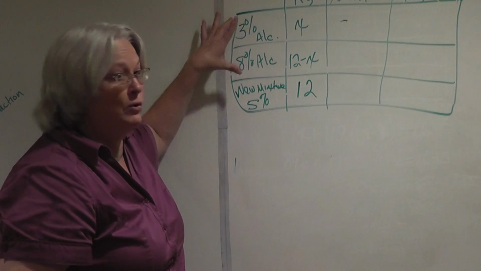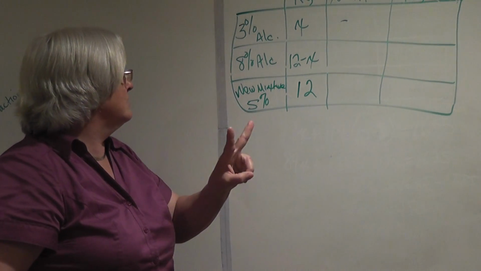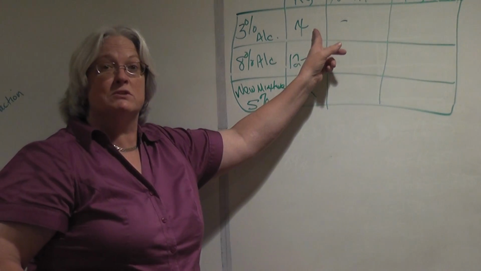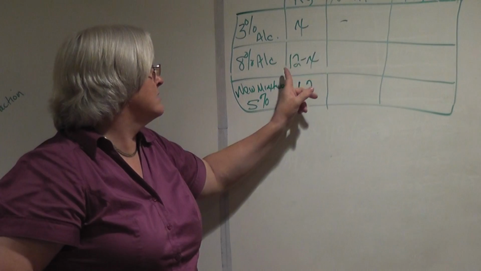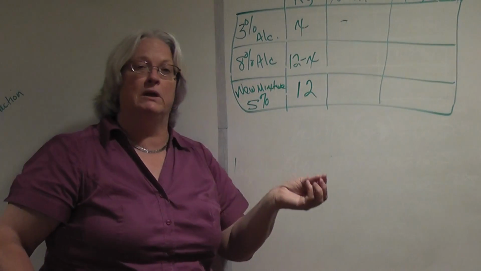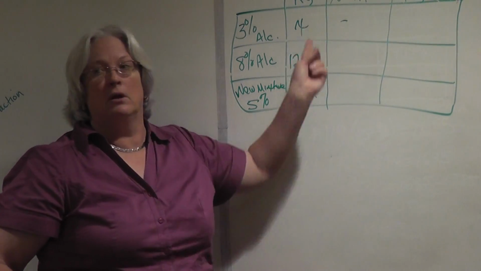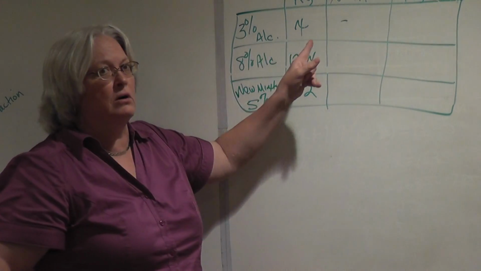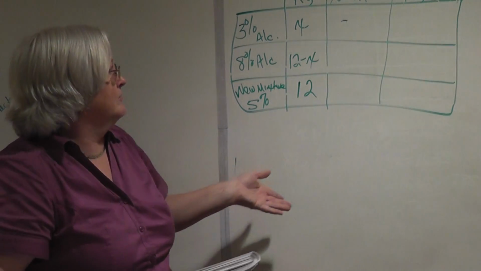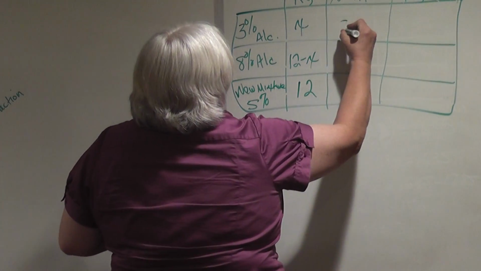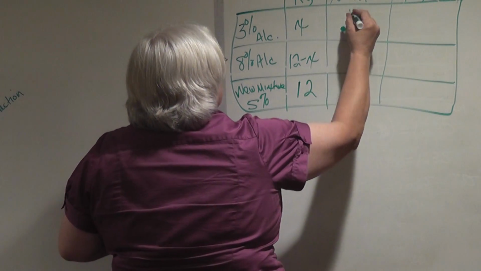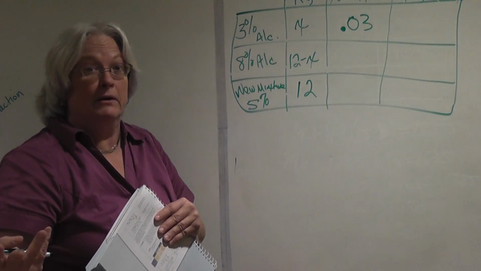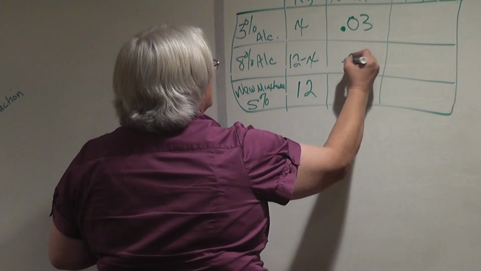And since they are coming only from two different solutions, 12 minus whatever this first quantity is, 12 minus X, has to be the amount of one solution, while X is the amount of the first solution. Now, if we have 3% alcohol, well, what percent is that? No, 3% is 0.03. And 8% is 0.08.